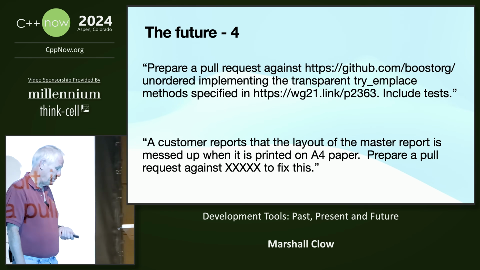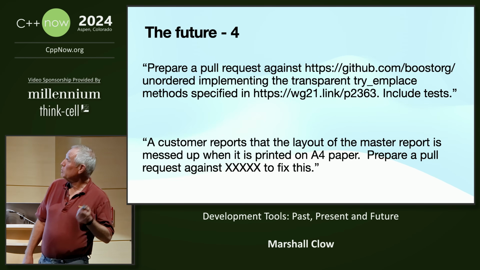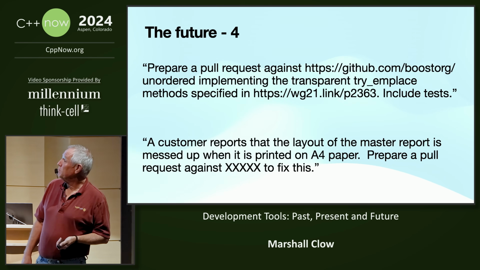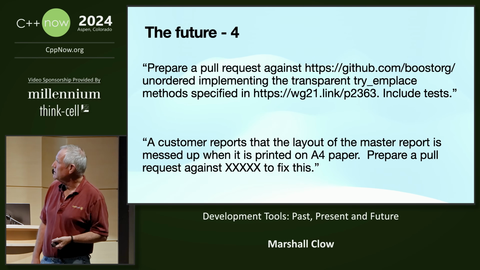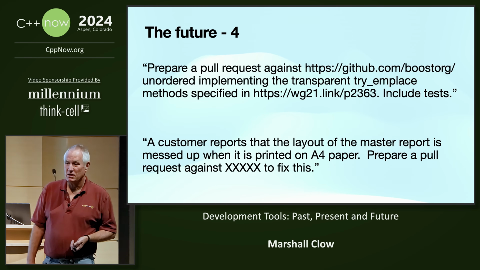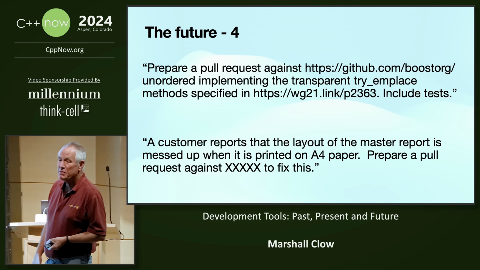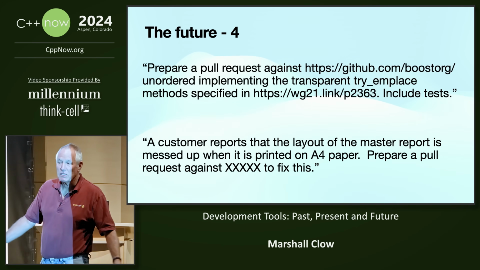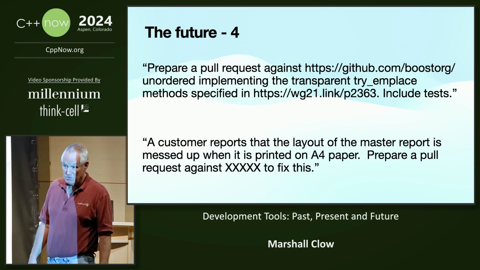Here's a couple of examples illustrating this point. The first one: prepare a pull request against Boost unordered, implementing the transparent try_emplace methods specified in P2363, include tests. This is a prompt that I would not be surprised to find that something like Copilot could do in the next few years.